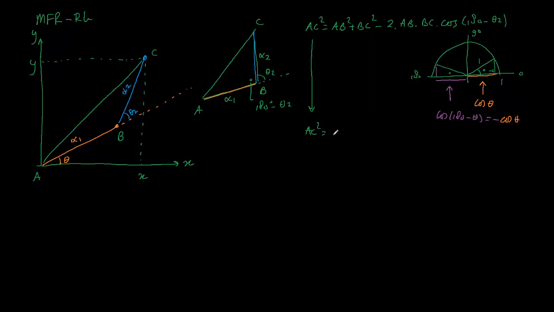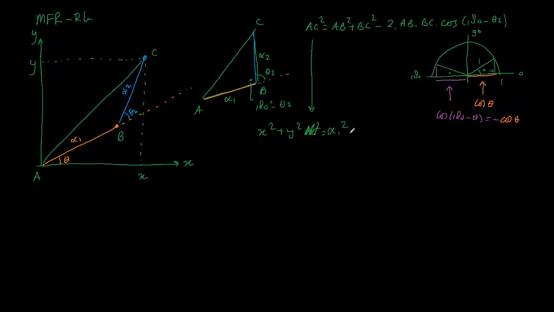So we put it in over here, and we could say AC squared equals AB squared. We can fill in straight away: AB is actually alpha 1 squared, and AC is of course the length AC, which by Pythagoras is x squared added to y squared.